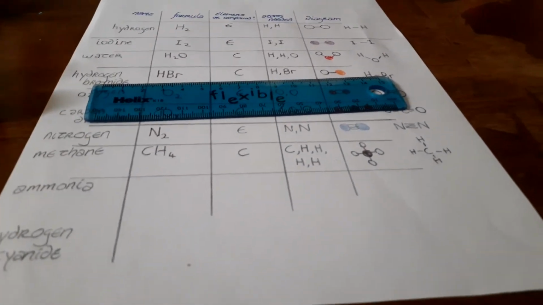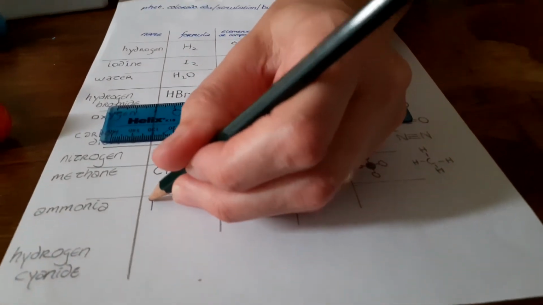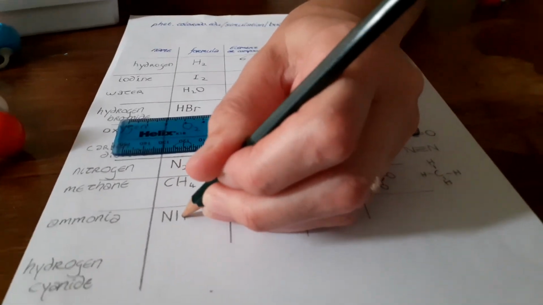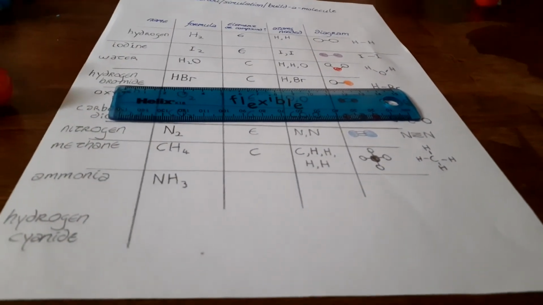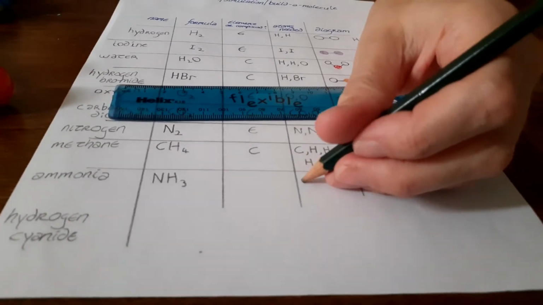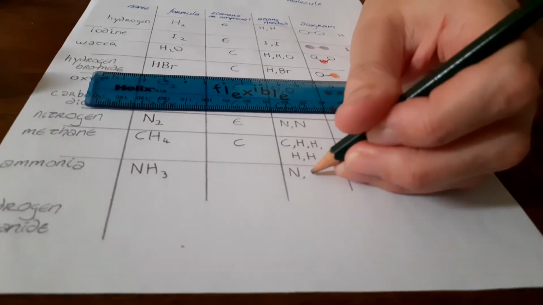Okay, next one's ammonia. Again, you have to learn what ammonia is. NH3. So what's in there? Excellent. 1 N and 3 H's.